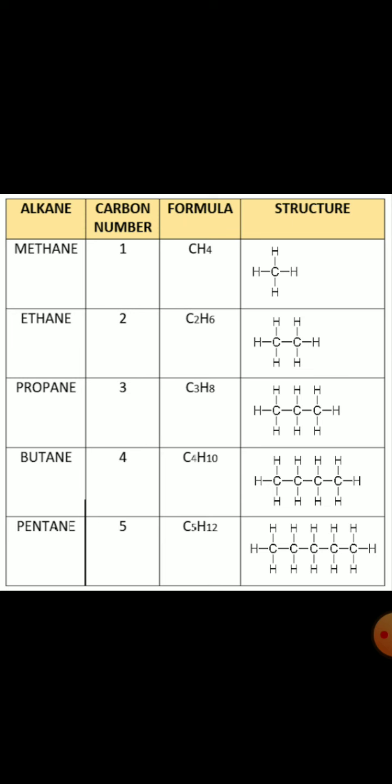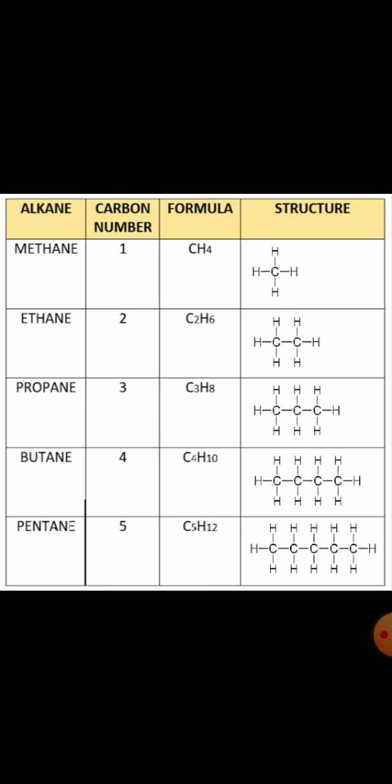Now with this table we can revise it again. Methane has formula CH4, ethane C2H6. So here carbon is added by 1 and hydrogen is added by 2. In the same way for propane, carbon is 3, H is 8. Again carbon and hydrogen are added by CH2. Same way for butane and pentane.